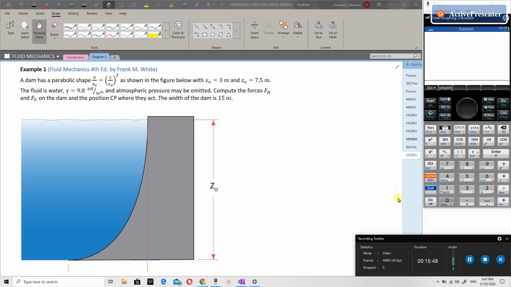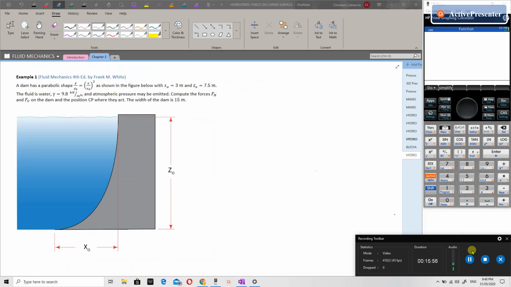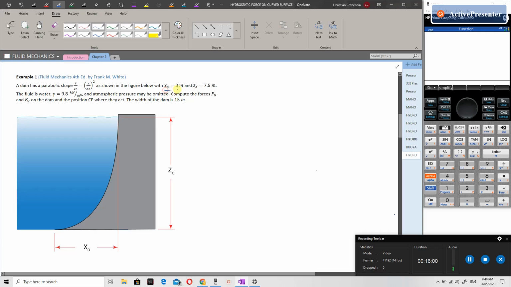Given X sub o is 3 meters and Z sub o is 7.5 meters.